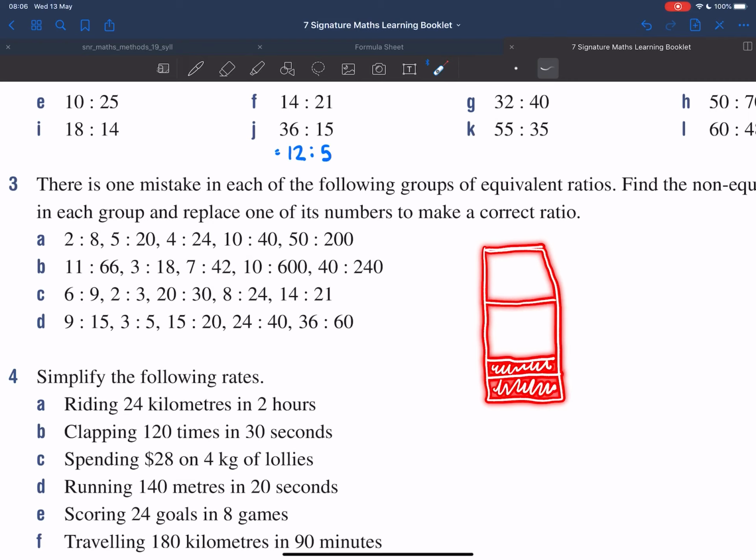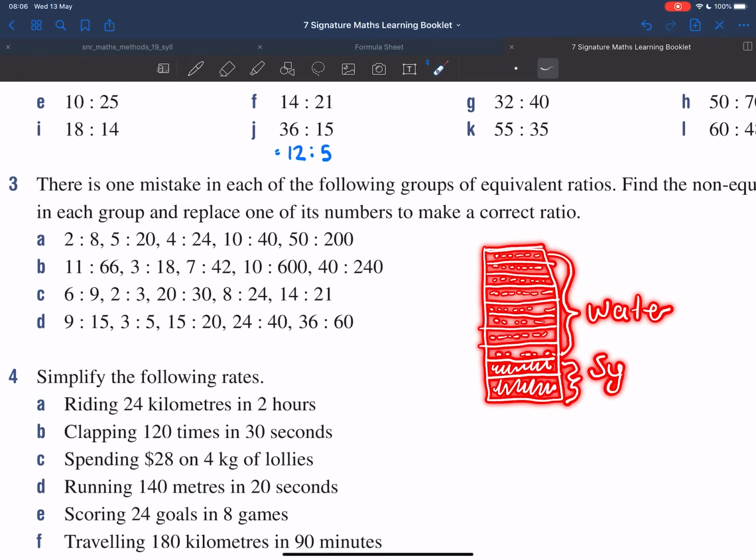So like this. And each of them has water. So 3 parts, 4 parts, 5 parts, 6 parts, 7 parts, 8 parts. Can you see that? That there is the water, and this here is the syrup. So 2 parts syrup to 8 parts water.